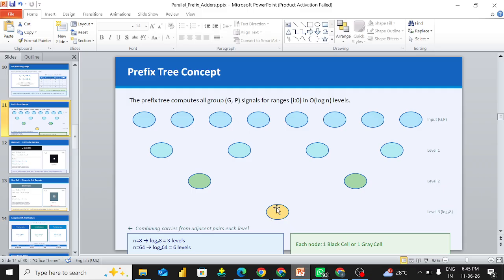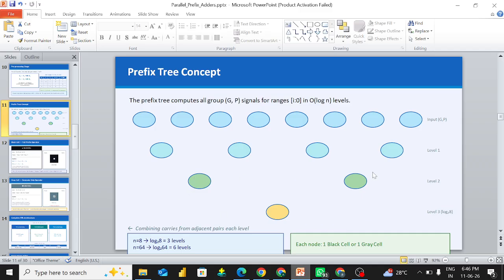But just think, this is the last cell, meaning the last output. Why should you have propagate here? You're not going to propagate your output to any other bit. At this level, level 3, there is no option to propagate, so even if you propagate, where will you propagate? Just think in that way. So here we can't use a black cell. Instead of a black cell, we should use a gray cell.